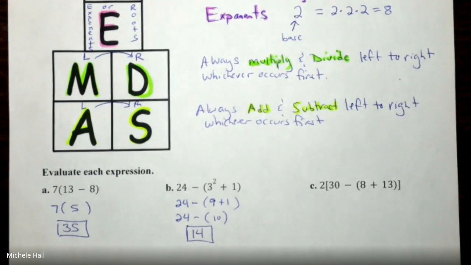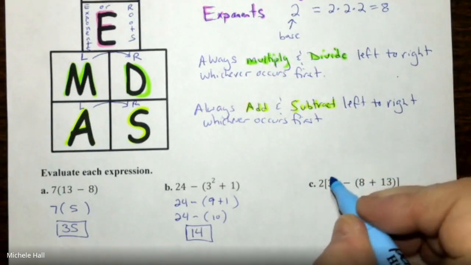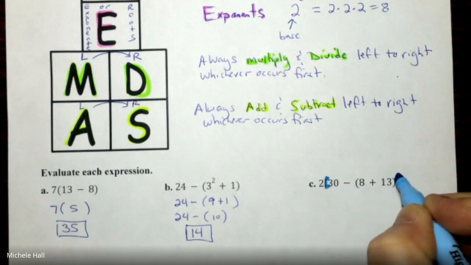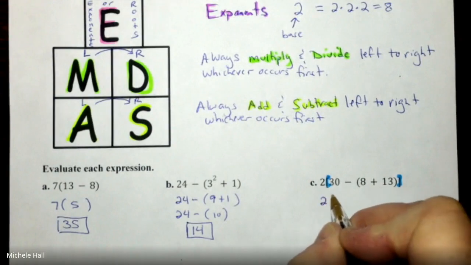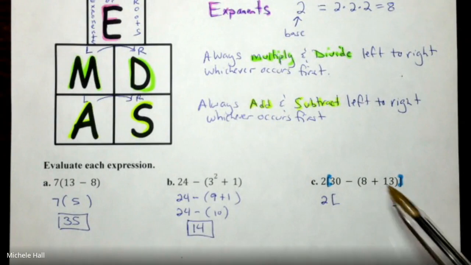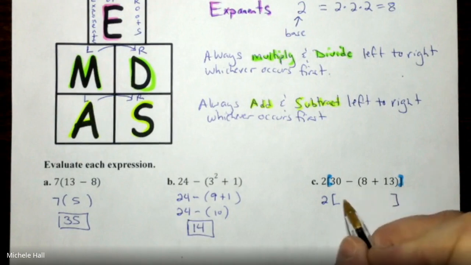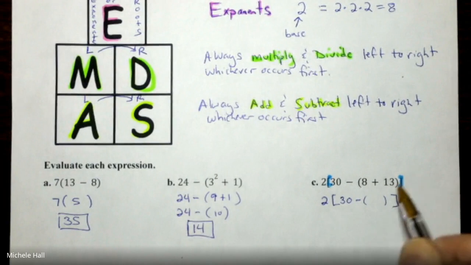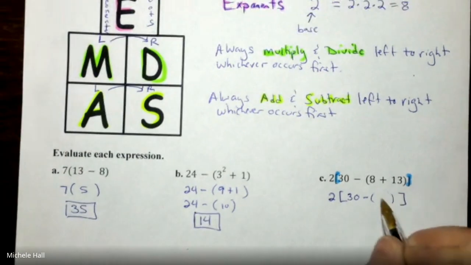Problem C, are there any parentheses? Yes, I am looking at the square parentheses. That's where I'm starting. So I have 2 times whatever I get on the inside. Are there any parentheses in the parentheses? Yes, right here with 8 plus 13. So I copy down everything that I see, and I'm only doing what's inside the parentheses. 8 plus 13 is 21.